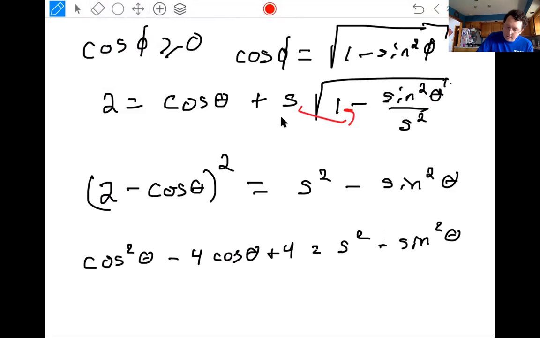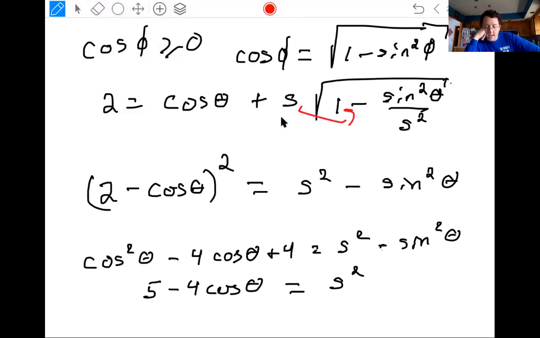And then I can combine sine squared and cosine squared to just give 1. So I'm going to get 5 minus 4 cosine theta equals s squared.